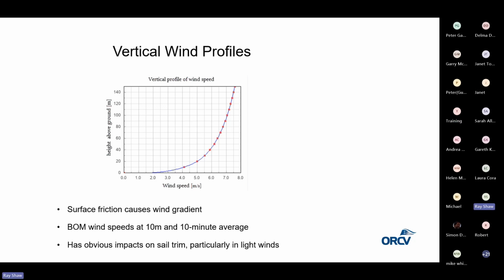But of course, this wind gradient with height has obvious impacts on sail trim, and particularly in light winds, because with friction in light winds, the increase of wind speed with height is more dramatic. So that has a significant impact on sail twist and all that sort of thing. So it's important to understand how the wind changes both horizontally and, in this case, vertically.